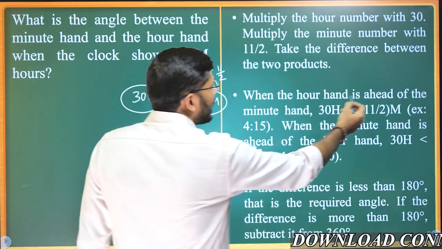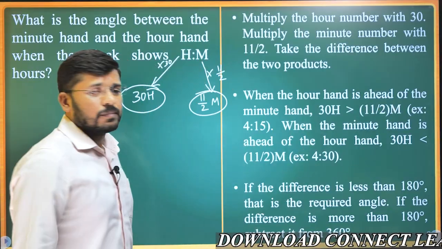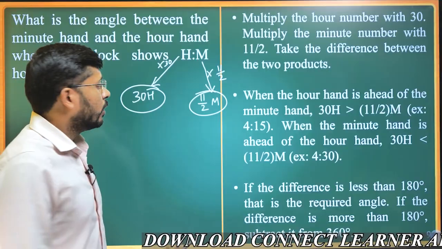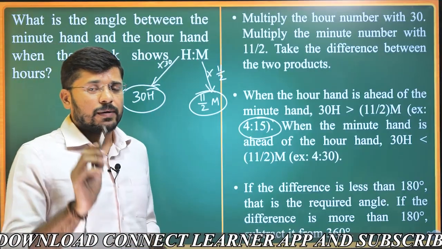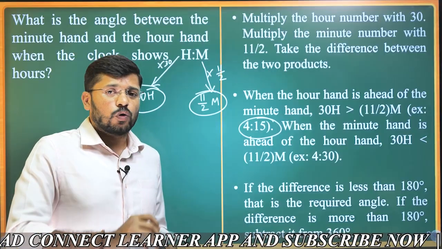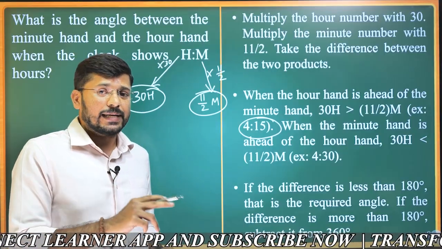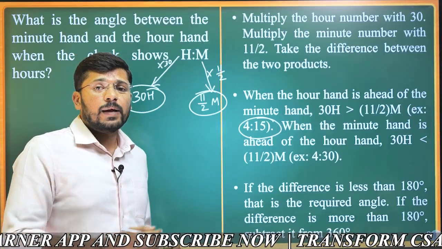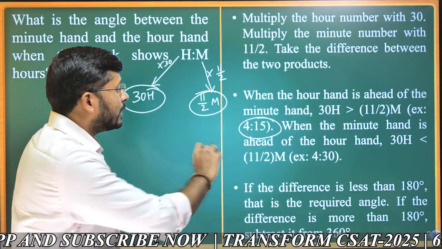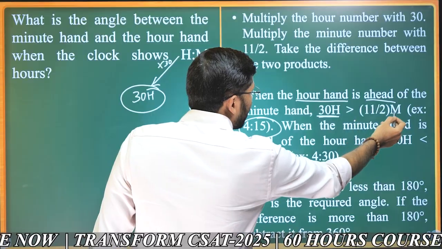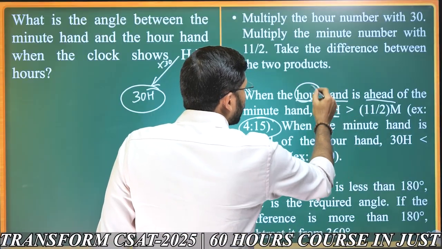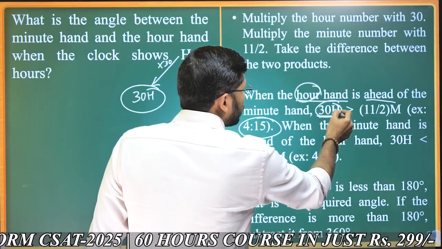When the hour hand is ahead of the minute hand, what is the ahead? For example, take 4:15. When the time is 4:15, the hour hand will be pointing at 4, but the minute hand will be pointing at 3. So the hour hand is ahead of the minute hand. In such an instance, when the hour hand is ahead, 30H will be greater than 11/2 M. So because hour is ahead, 30H, H belongs to hour, right?